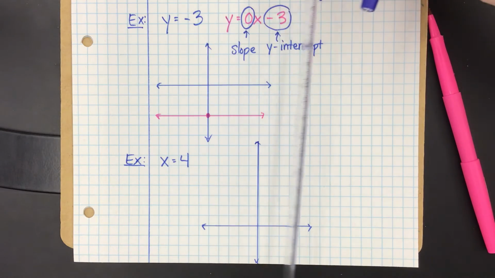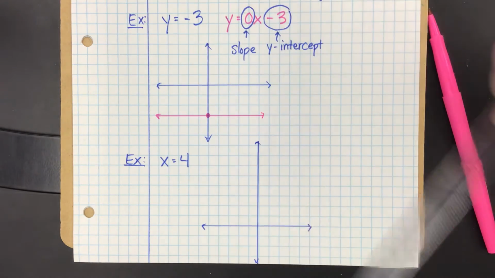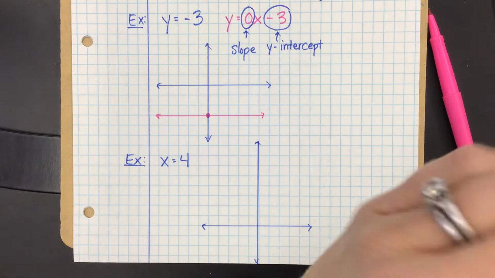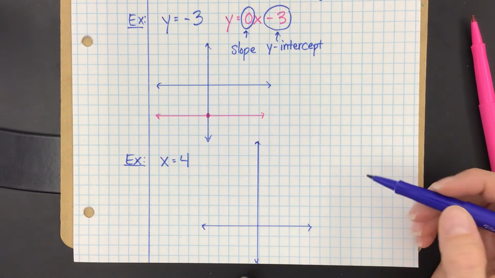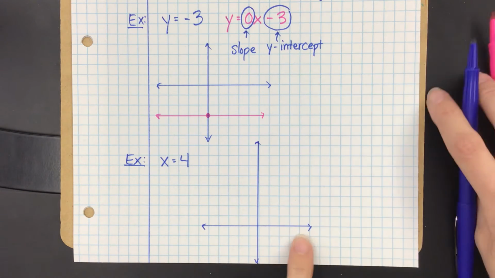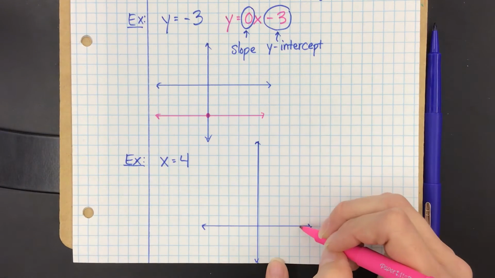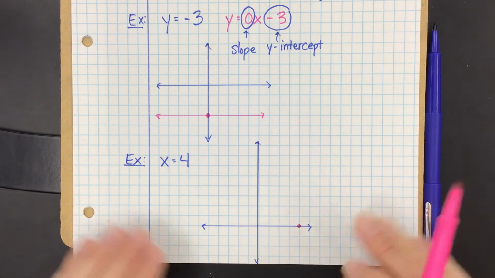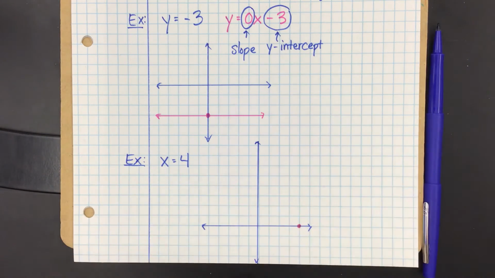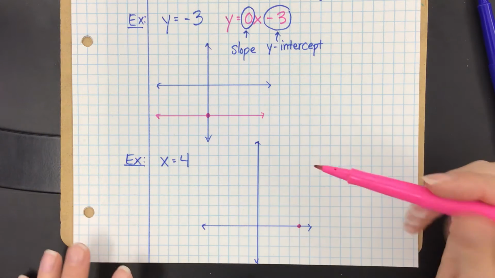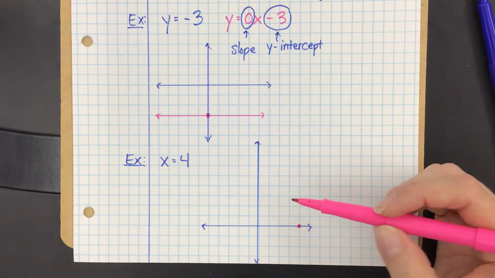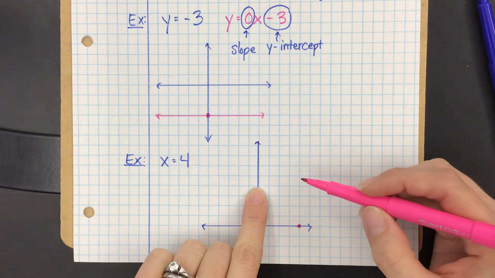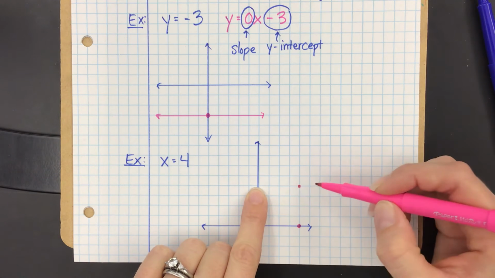Vertical, yeah, vertical. Okay, so let's talk about that. Well, first of all, x is equal to 4, so we can put that point here. Now, just like above, it does not matter what your y is equal to, your x will always be 4. So that means if y is +4, x will be 4.